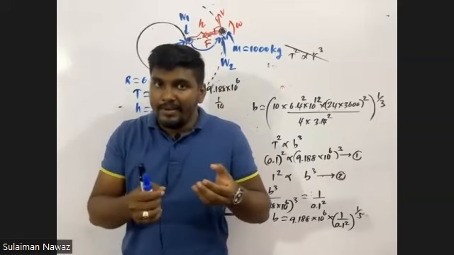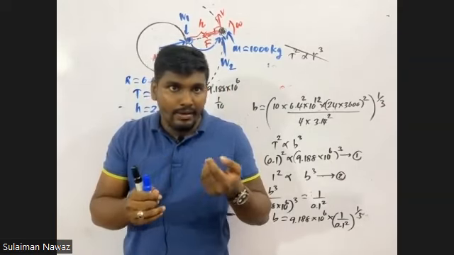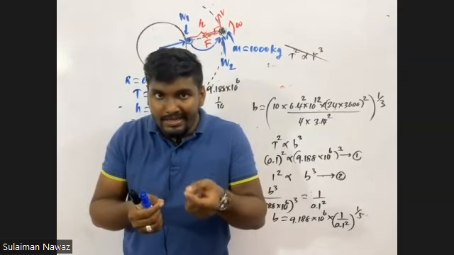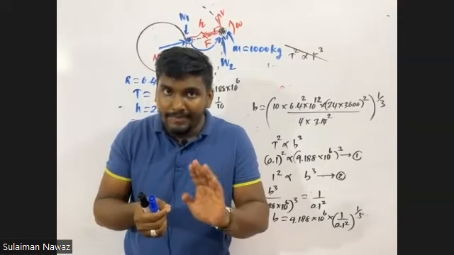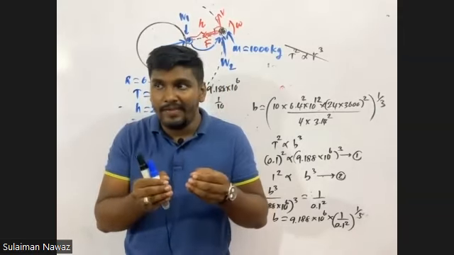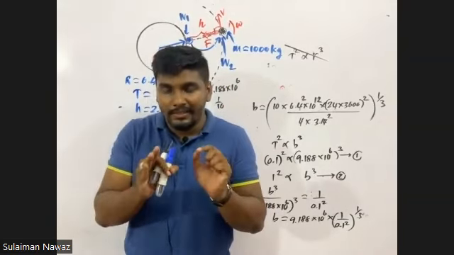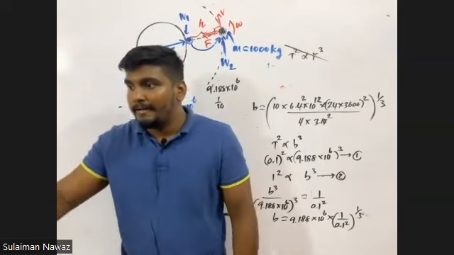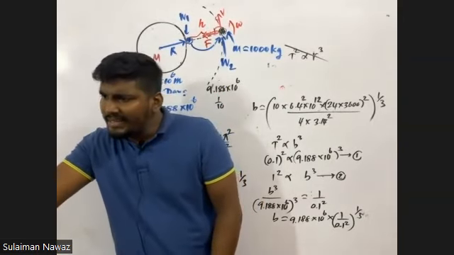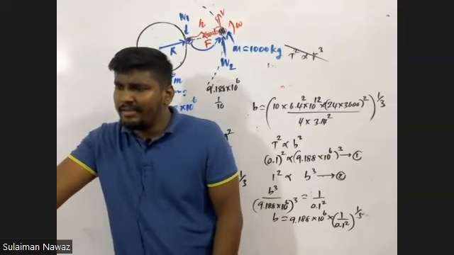Because we know that when we consider our Earth, the rotational time period of the Earth is 24 hours. If a satellite has a 24-hour time period, we call that satellite a geostationary satellite. If not, as that paragraph says, geosynchronous satellite.